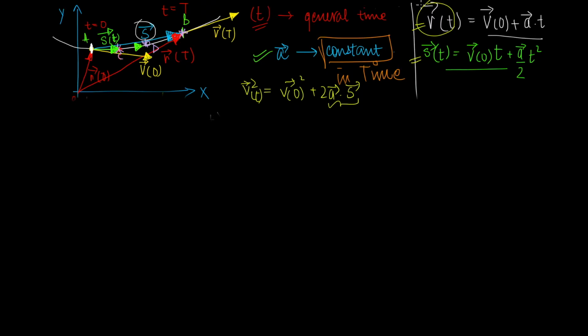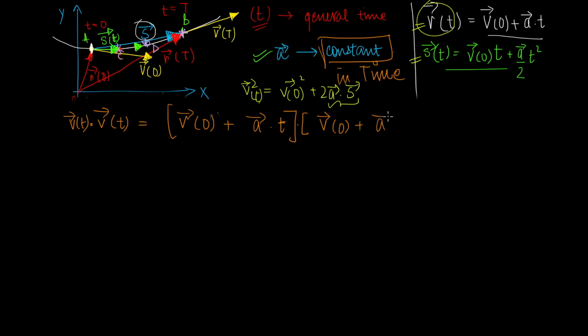So in order to do that, we need to convert one of these equations into scalars and try to see if this holds. So let us take the first equation that we know. First equation is v at time t equals v of 0 plus a times t. What can we do with this equation? Well, we can certainly dot it with itself. So we dot it with the v of t on the left-hand side, and we dot it with v of 0 plus a times t on the right-hand side. And the reason we can do that is because we are dotting it with the same quantity.